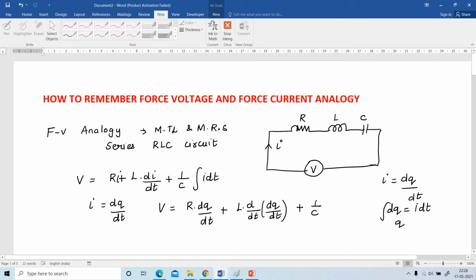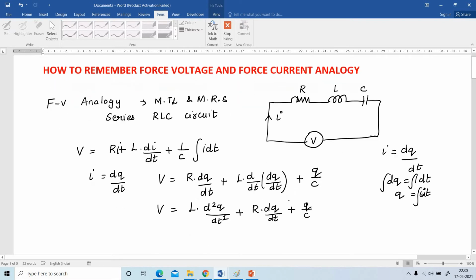Take integration on both sides of the equation: Q is equal to integral I dt. Instead of integral I dt, I am going to substitute Q. V is equal to L into d square Q by dt square plus R into dq by dt plus 1 by C into Q. This is force voltage analogy.